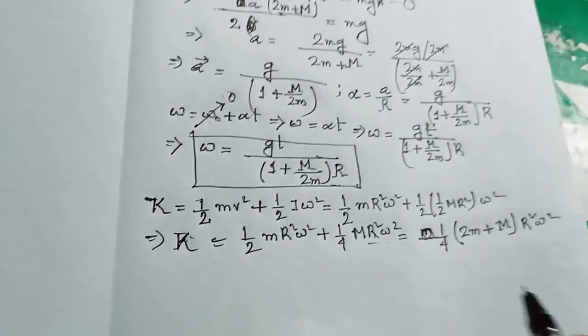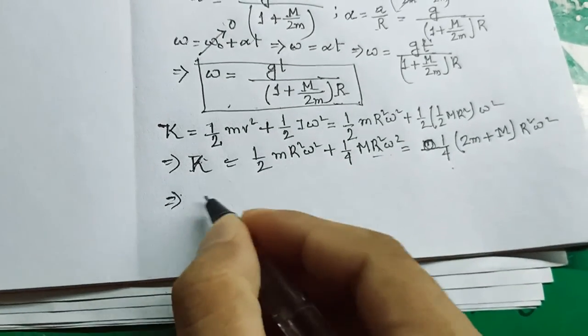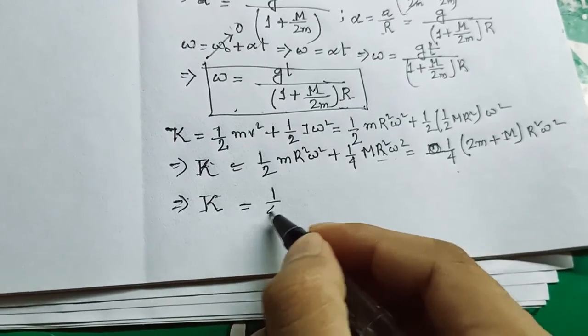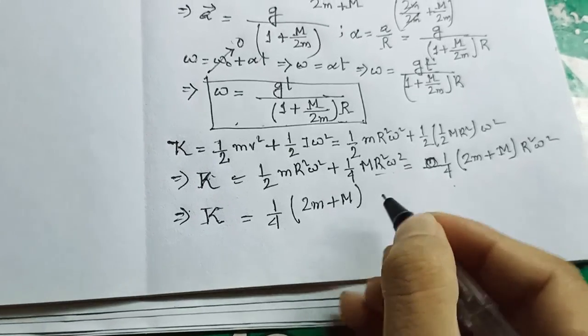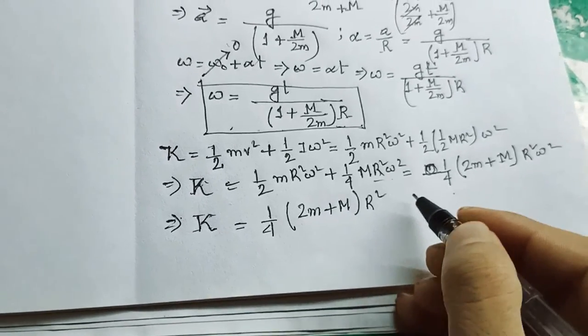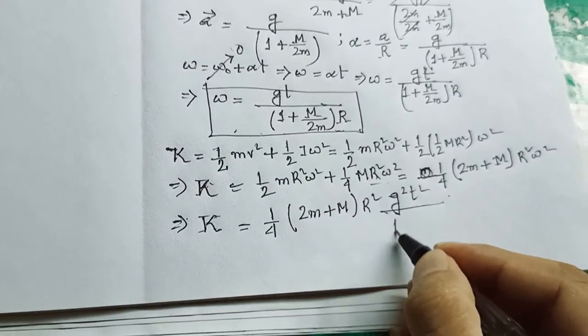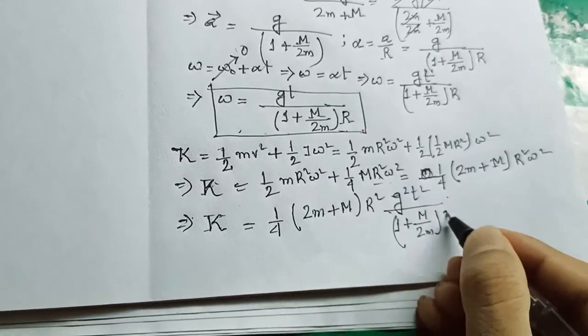Now we can substitute the value of omega from the previous equation. Then our final kinetic energy of the system will become 1 by 4, 2 small m plus capital M, into r square into omega square, and the value of omega square is equal to g square t square divided by 1 plus capital M divided by 2 small m, squared, into r square.